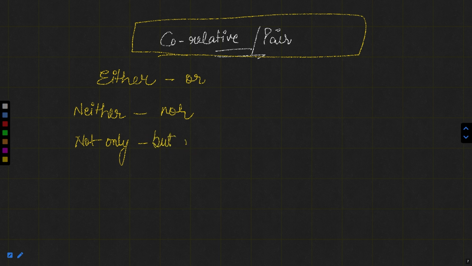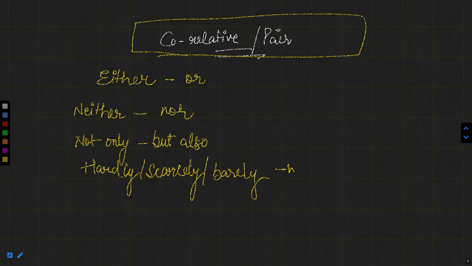Now hardly, scarcely, barely. These words can be joined with when. There are many such pairs, and I will definitely tell you each and every word in the future chapters of connectors, or maybe in this session later.